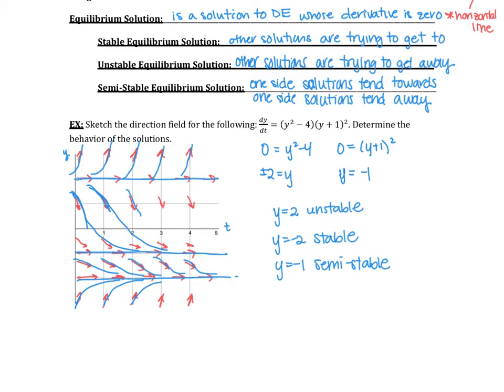And the equilibrium solution here would be called a source, where everything's coming from that solution. Okay, so you may hear those phrases as well, sink and source. The reason for them, you can kind of see on those graphs.